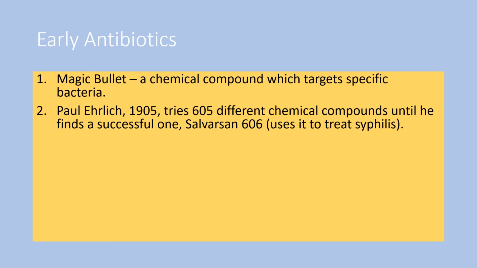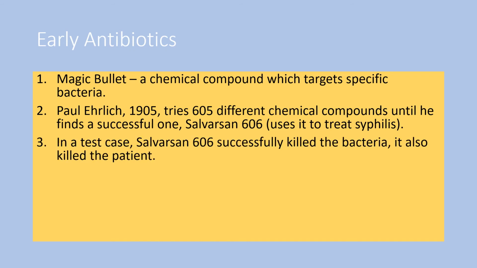So Paul Ehrlich's Salvarsan 606, which is used to treat syphilis. Now, before we get too carried away with this, Salvarsan 606 is successful in killing the bacteria for syphilis. Brilliant. However, it also kills the patient. Not so great.